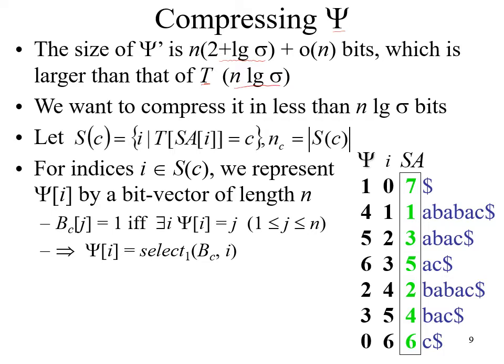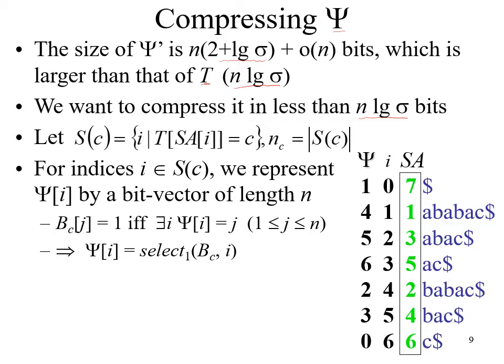So psi prime is always larger than t. So we want to compress it in less than n log sigma bits. So how to do it?